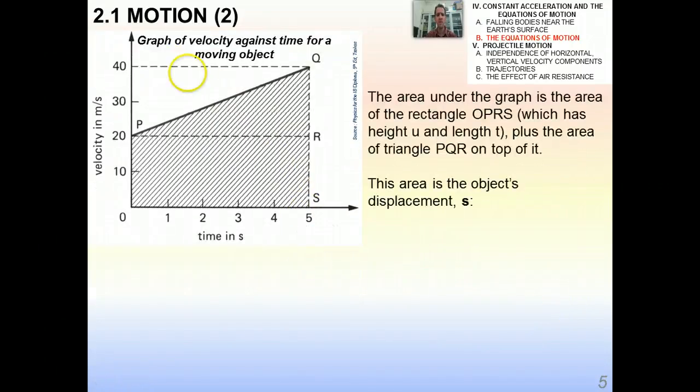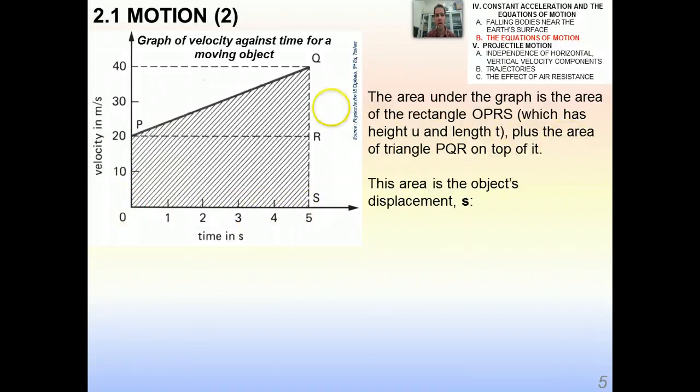For the second one, we're going to note that the area under the graph is the displacement of the object, from 0 to 5 seconds. And this area, which has height u, consists of a rectangle and a triangle. The rectangle has a height of u, which is 20 meters per second, and a length of t, which is 5 seconds.